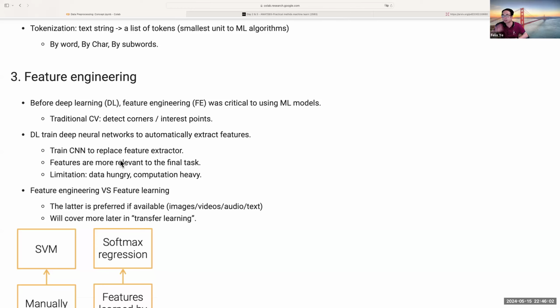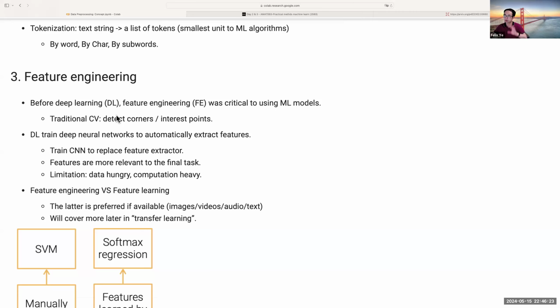Other than this kind of transformation, we might need to pick the most relevant features, or even transform the features into some features that we might be interested in. So feature engineering is very crucial when using these machine learning models.